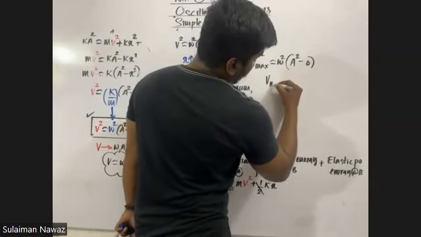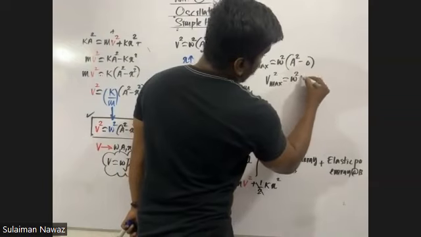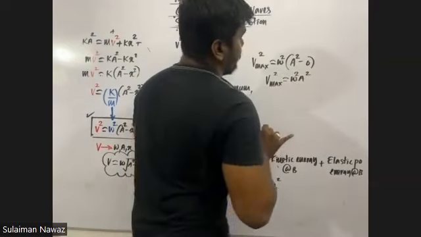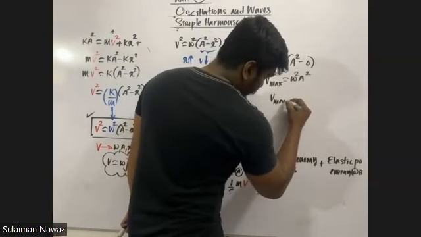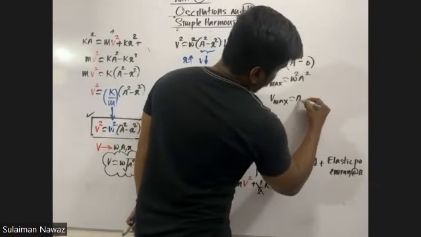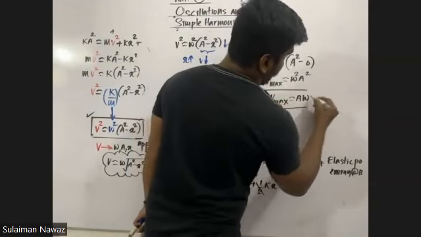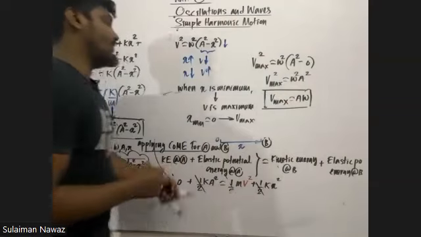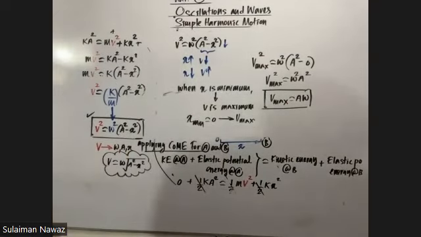Therefore we can say Vmax squared equals omega squared capital A squared. If you take the root on both sides, we can write down the equation for maximum velocity as A omega. Learn this equation by heart as well. I think you guys understood the derivation. Write down these things up to here. Then we'll do some questions.